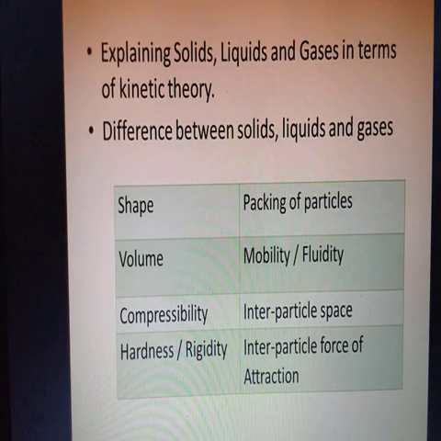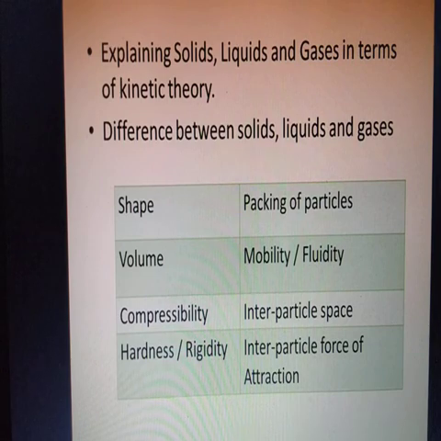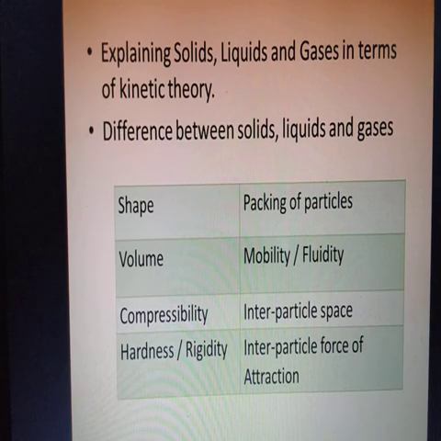Solids have a proper geometrical shape: square, rectangular, cubical, spherical, conical, cylindrical, triangular, trapezoidal, rhombic. There are so many proper geometrical shapes, and they exist only for solids. Why?